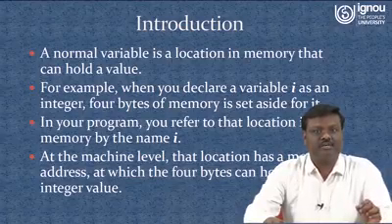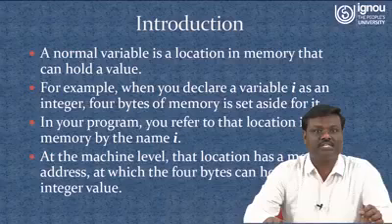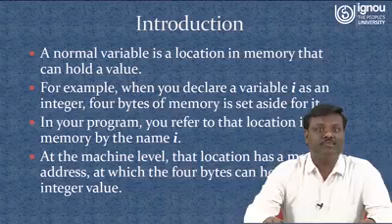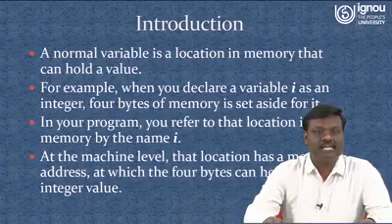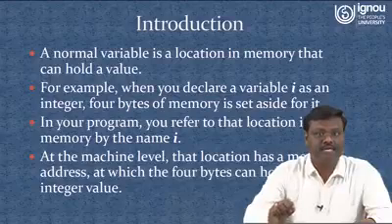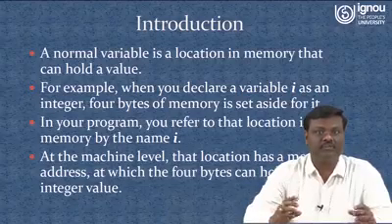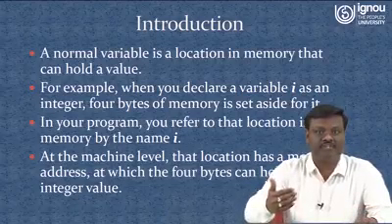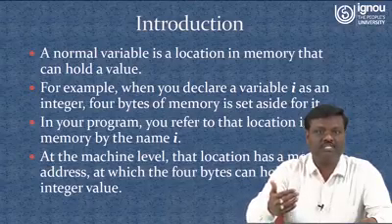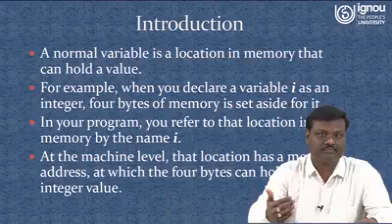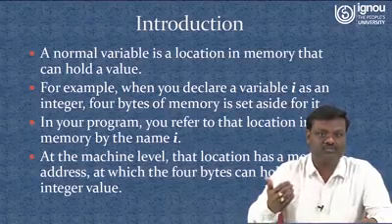So in your program, you refer to that location in memory with the name of the variable, that is I. Till now we are not referring to the actual memory address. Whenever there is a reference to the variable, obviously we are referring to that location and its value stored in that location.